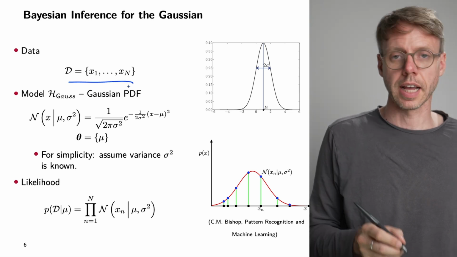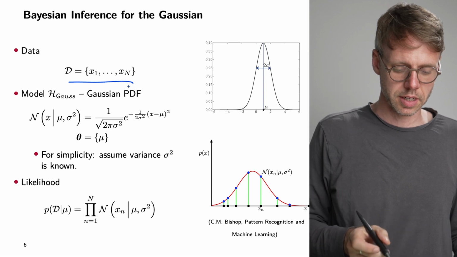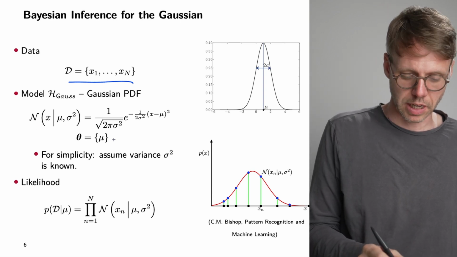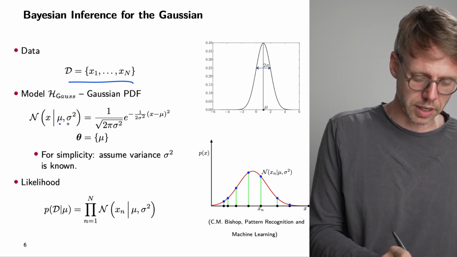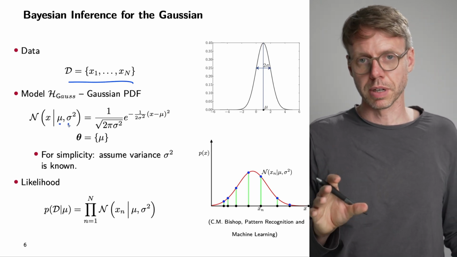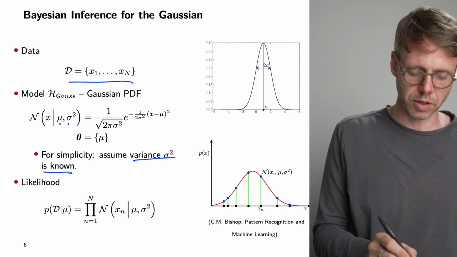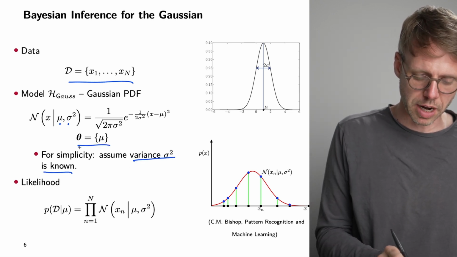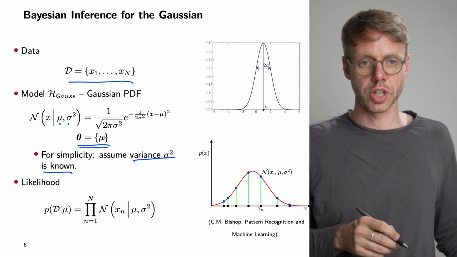We have n samples from some normal distribution. The model is, as we said, this normal distribution, which has two parameters, mu and sigma squared. Now, for simplicity, let's assume that the variance is already known. So we only have a single unknown parameter that we treat as a random variable. So theta is equal to just mu.